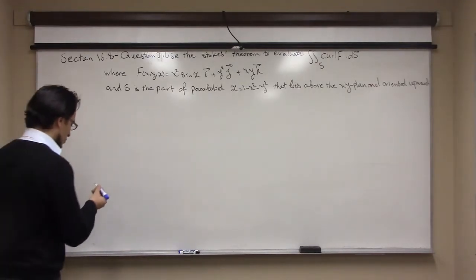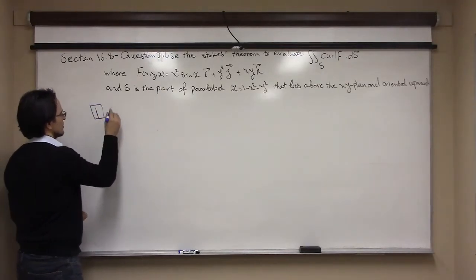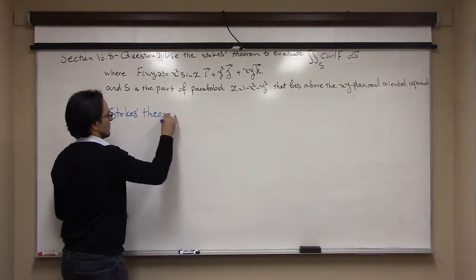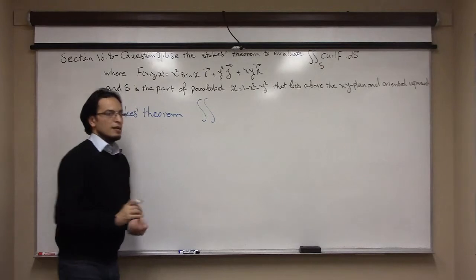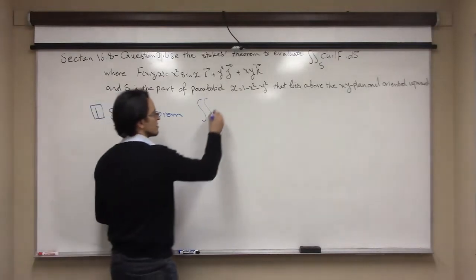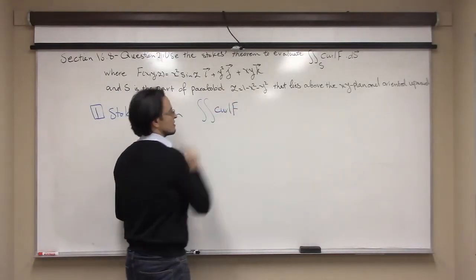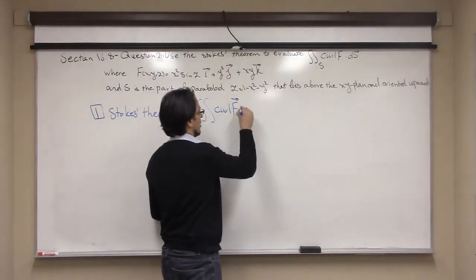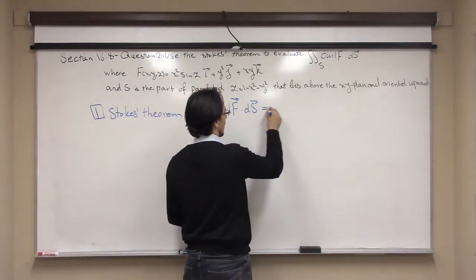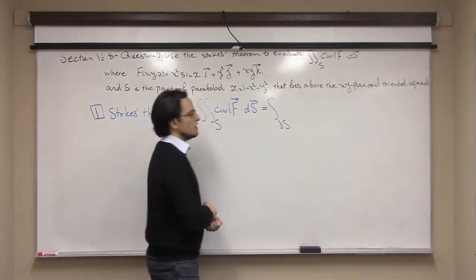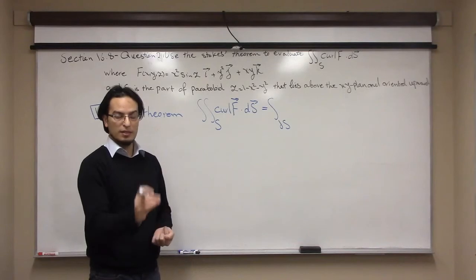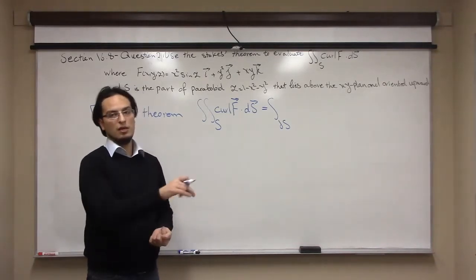Okay, so to solve this question, you need to know what the Stokes theorem is. Stokes theorem says that the flux of curl of a vector field over a surface S is equal to the work that is done by the vector field on the boundary of that surface.